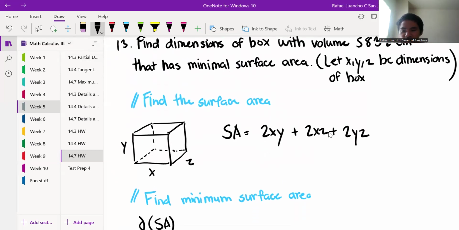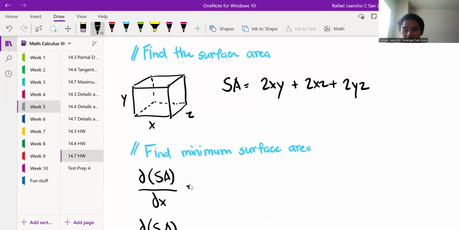Oh, I just realized we have to, because we have three variables here. So that's something I didn't realize. But we have to take into account that this one has three variables.